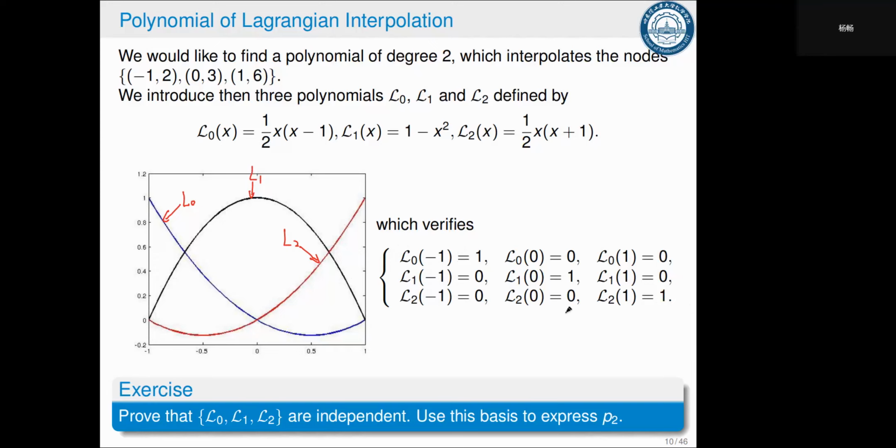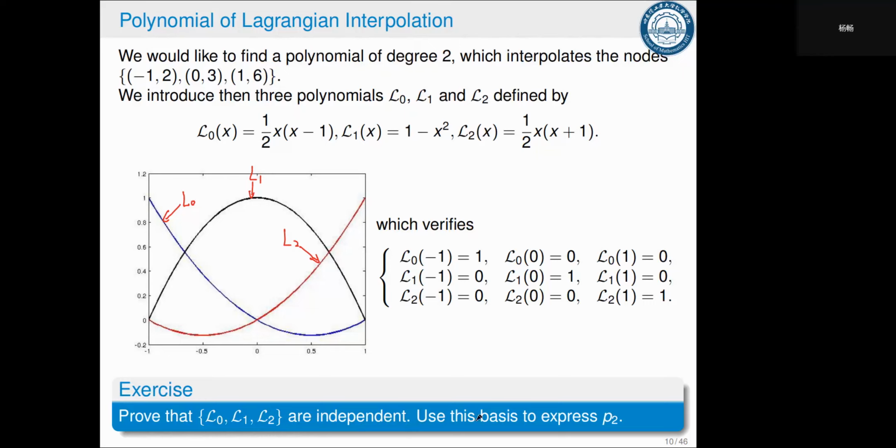And here we have an exercise to prove that L0, L1, and L2 are independent.